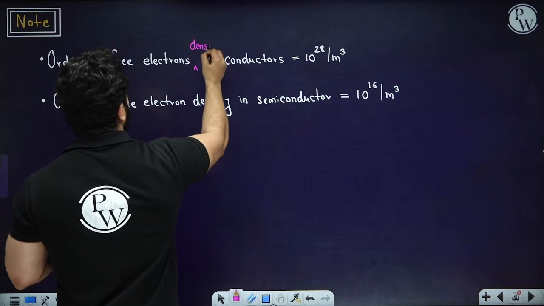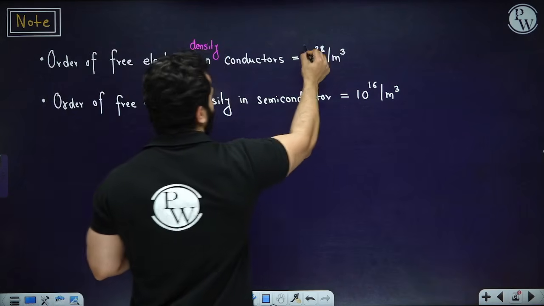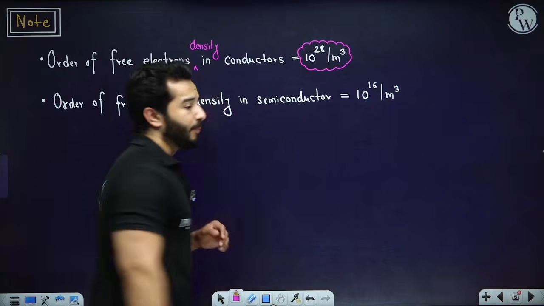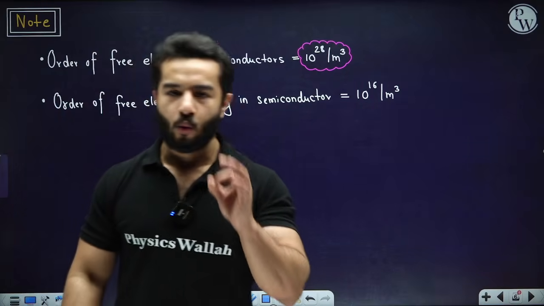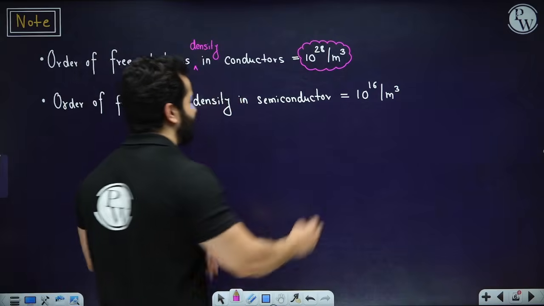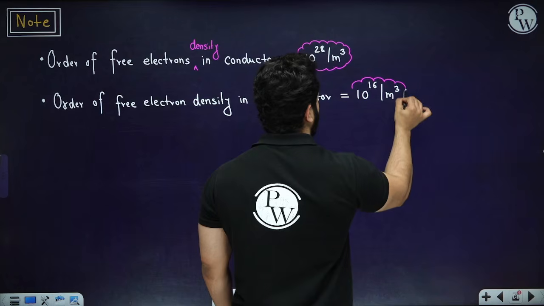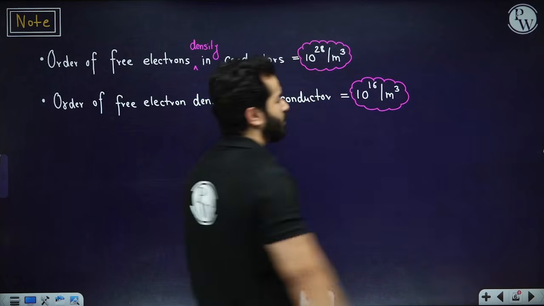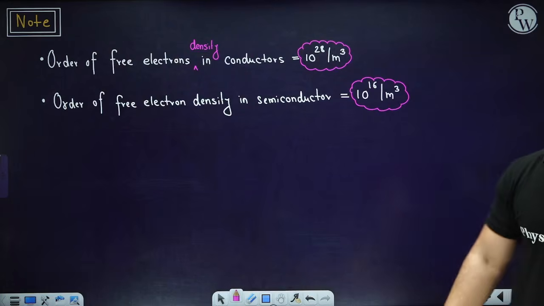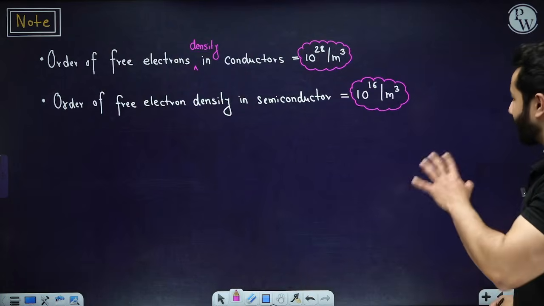In conductors it is about 10 to the power 28 per meter cube, that is, the number of electrons per unit volume. In semiconductors this drops to 10 to the power 16, and for insulators it would be way smaller than the semiconductor as well.